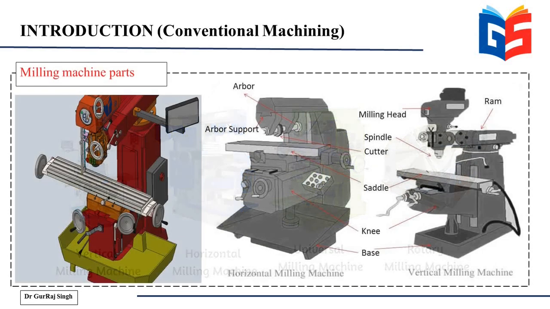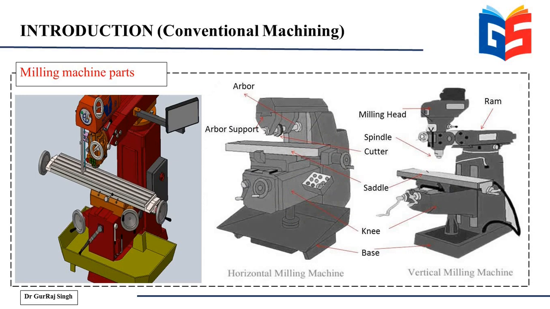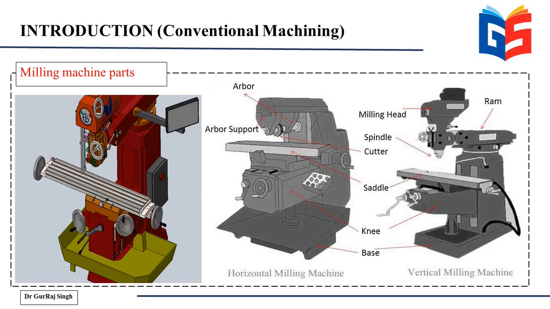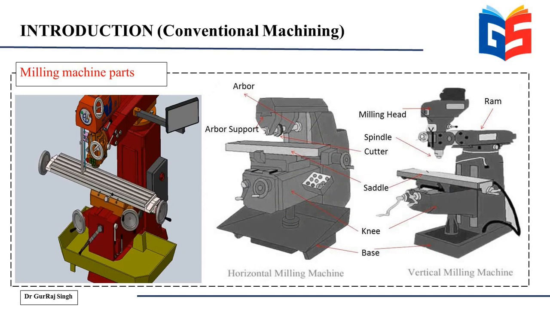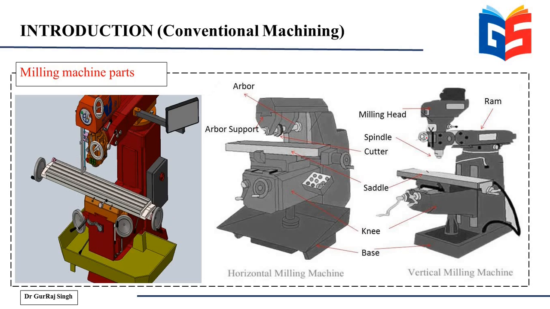So milling machine. Now this is how a milling machine looks. And just like a lathe, a milling machine has its own individual parts. So if I come to the work holding part, you have a base at the bottom, and on the base you have a knee, and that knee holds a saddle on top of it. And it is this saddle which contains the vise that is used for holding the workpiece.